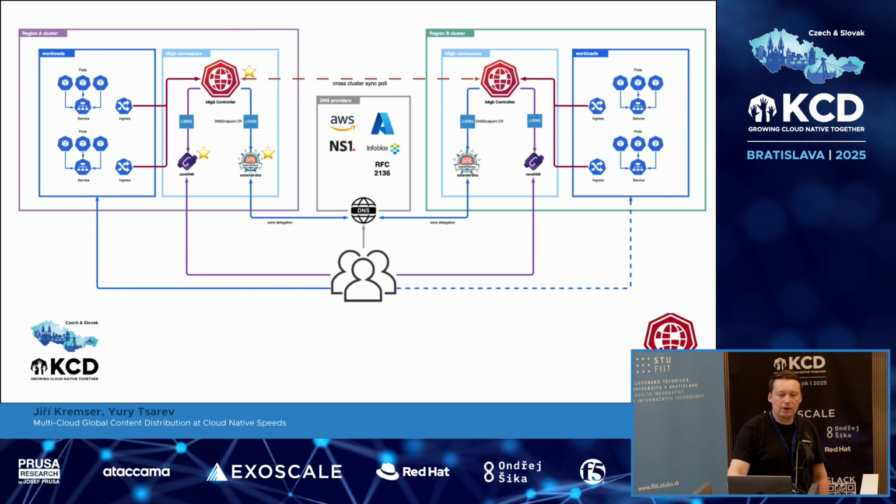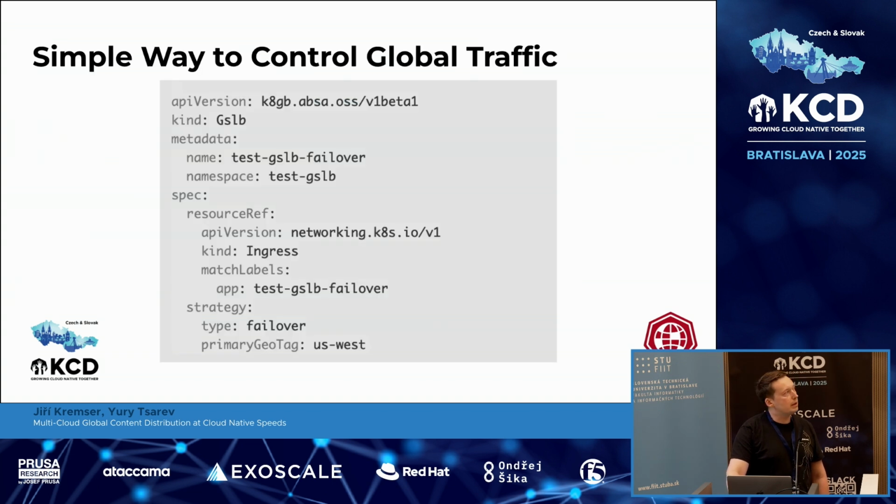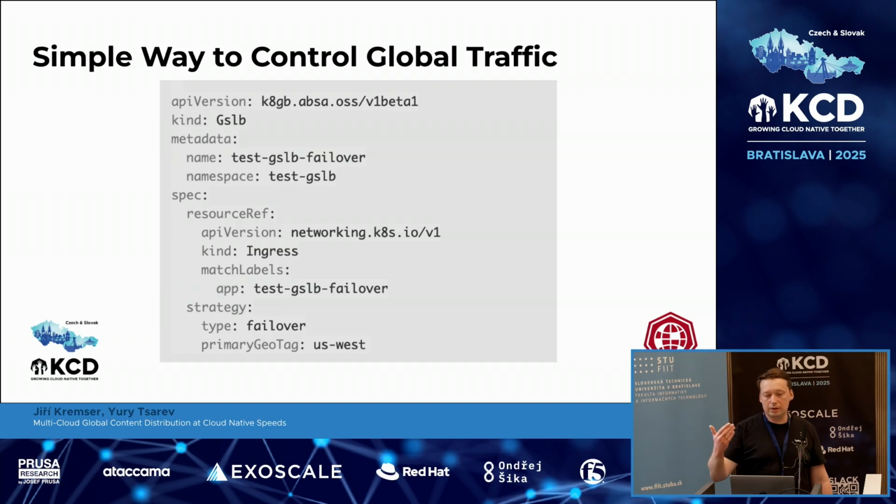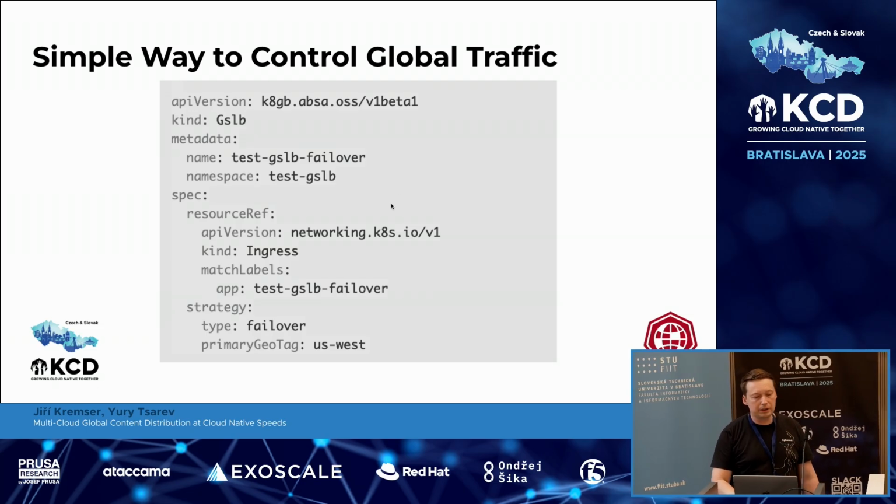So that's roughly how it works, and you can imagine it's quite a number of moving parts, but all this relative operational complexity is fully abstracted away by a simple GSLB custom resource. The KGB controller reconciles the kind GSLB, and we have a pretty limited spec.